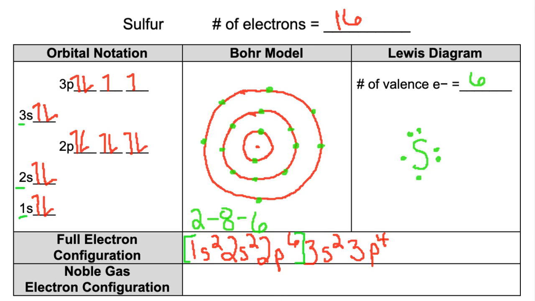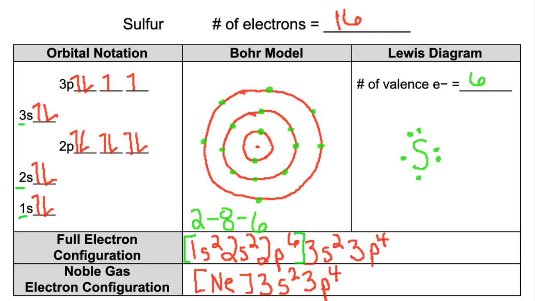So instead of writing the 1s2, 2s2, 2p6 over again, you could just represent all of that as neon in brackets. So that represents 1s2, 2s2, 2p6. And then after the brackets, we would write what's left, in this case 3s2, 3p4. That would be the noble gas configuration for sulfur.